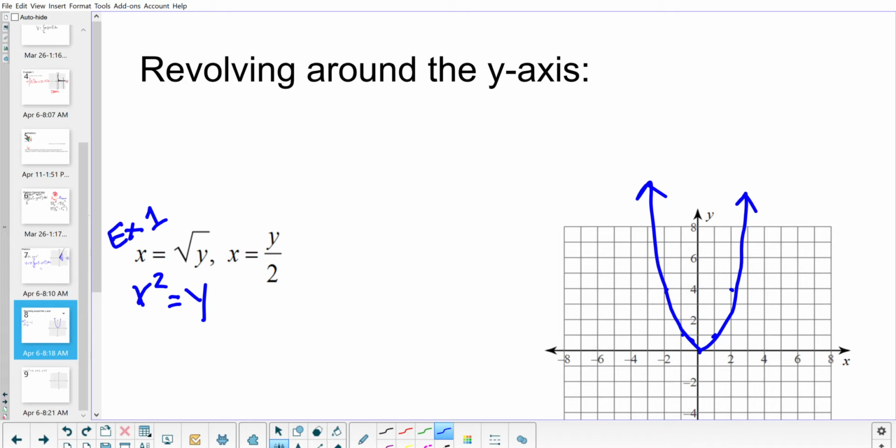And then let's see, x equals y over 2 is really y equals 2x. Okay, so they do intersect here at y equals 4. So it would be this, okay, that we're rotating. That's the bounded area, so I'm going to clean this up.